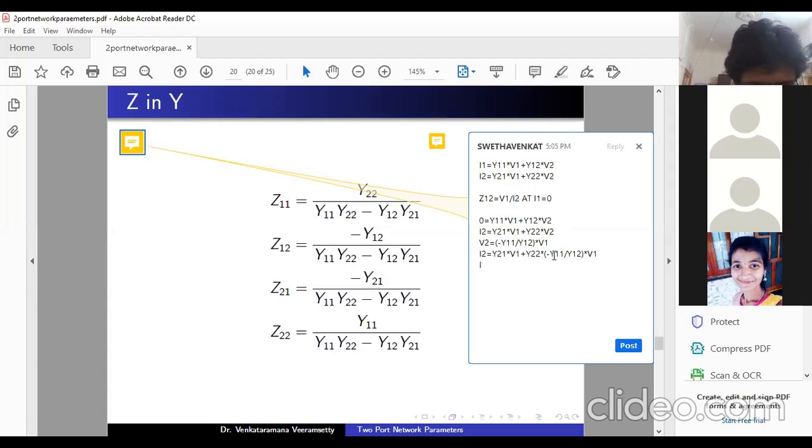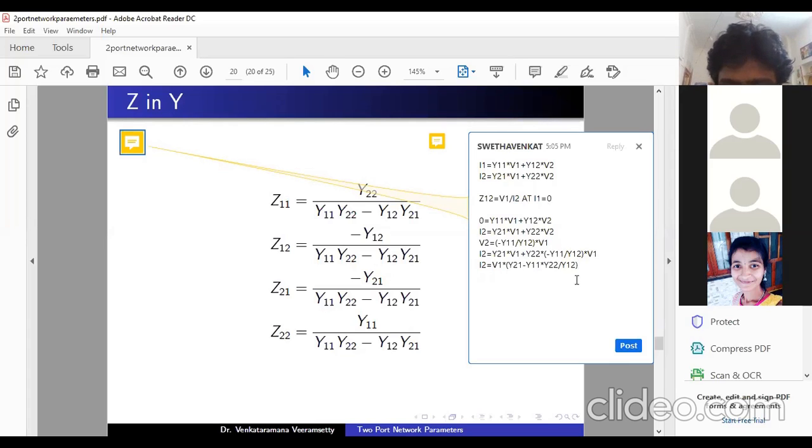So I2 equal to, take V1 outside. Then what we have? We have Y21 into Y12 minus Y11 into Y22 divided by Y12, right?